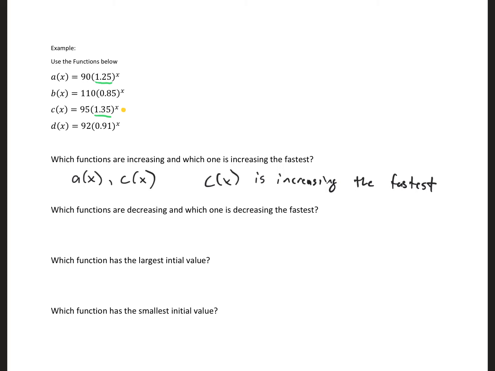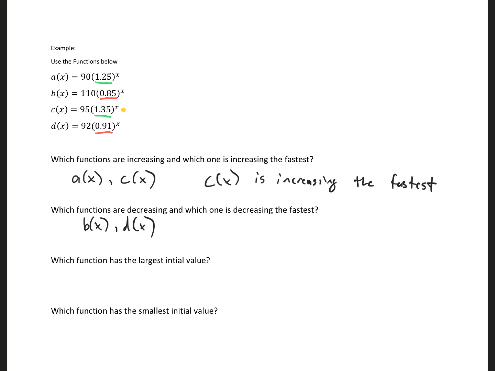The other two functions are decreasing. Notice how this value of b is less than 1, 0.85 and 0.91. So b of x and d of x are both decreasing.